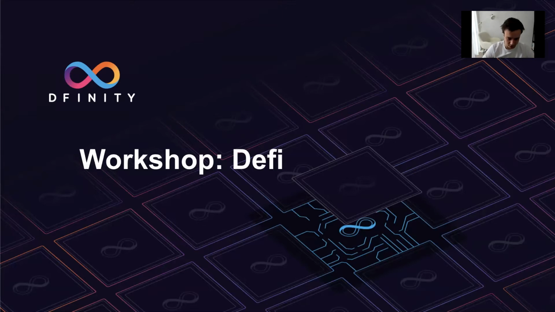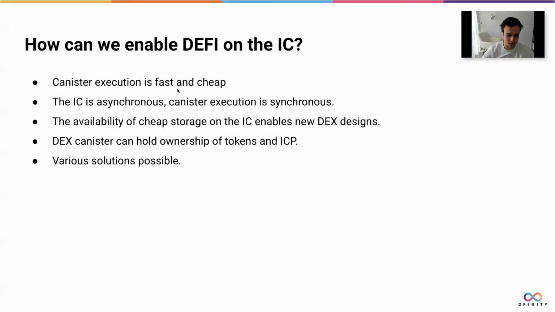Now I want to put this into the context of the IC. First, let's look at the primitives we have here. The IC works with canisters, and canister execution is very fast and cheap. The IC has enormous scalability, and to have this scalability, the architecture of the IC is asynchronous.